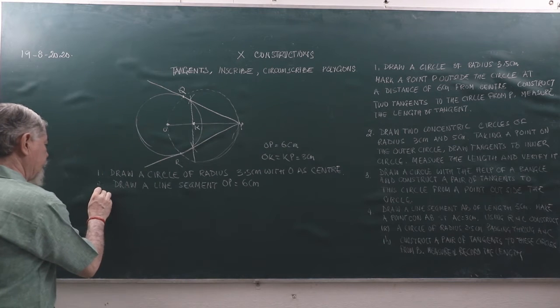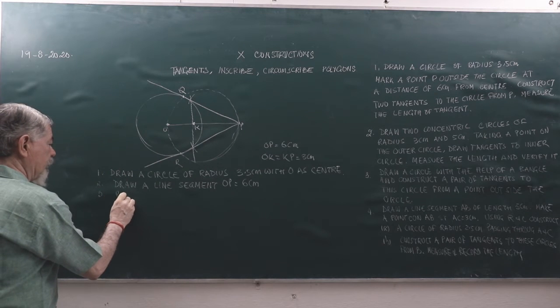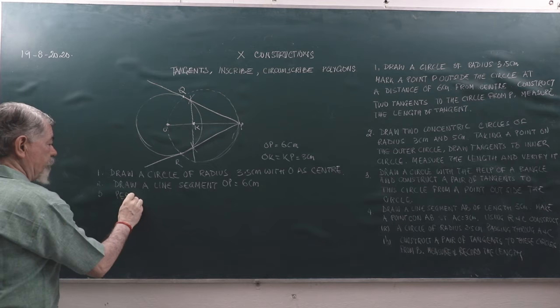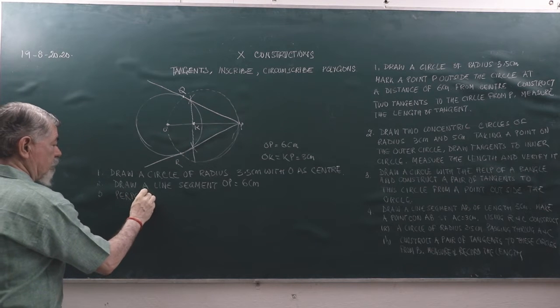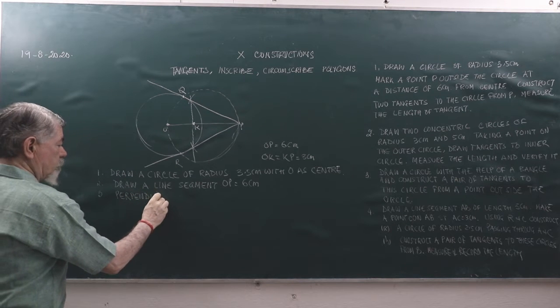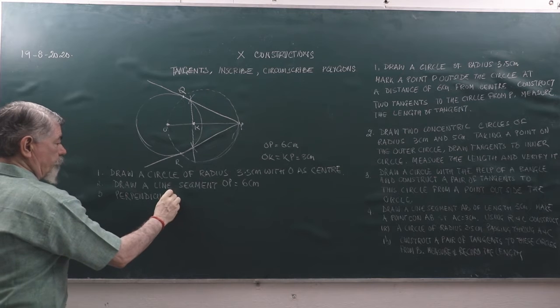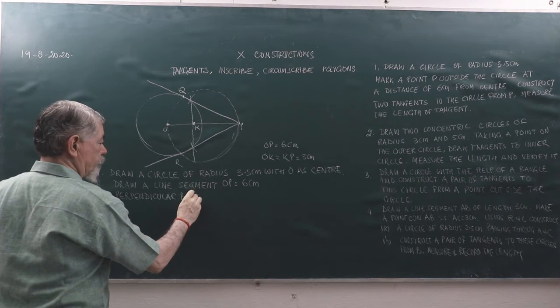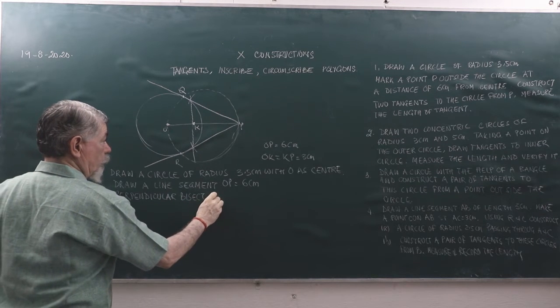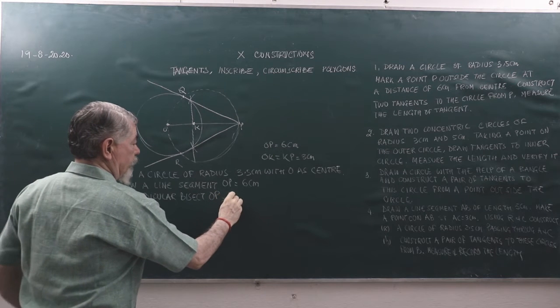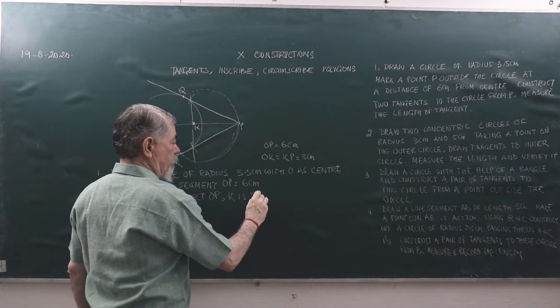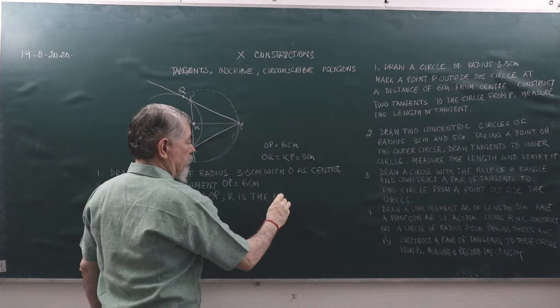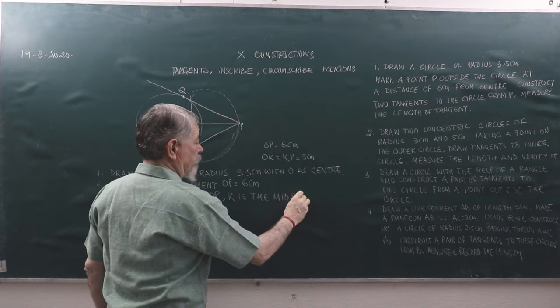Next step is perpendicular bisect OP. K is the midpoint.